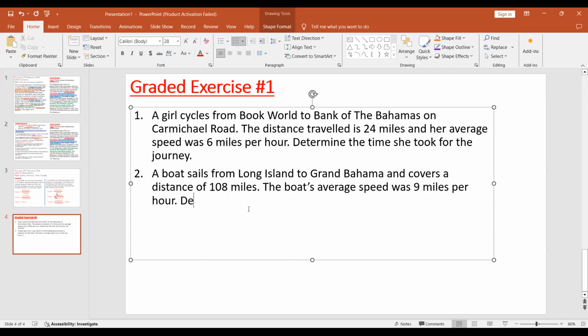Determine the time taken for this journey.